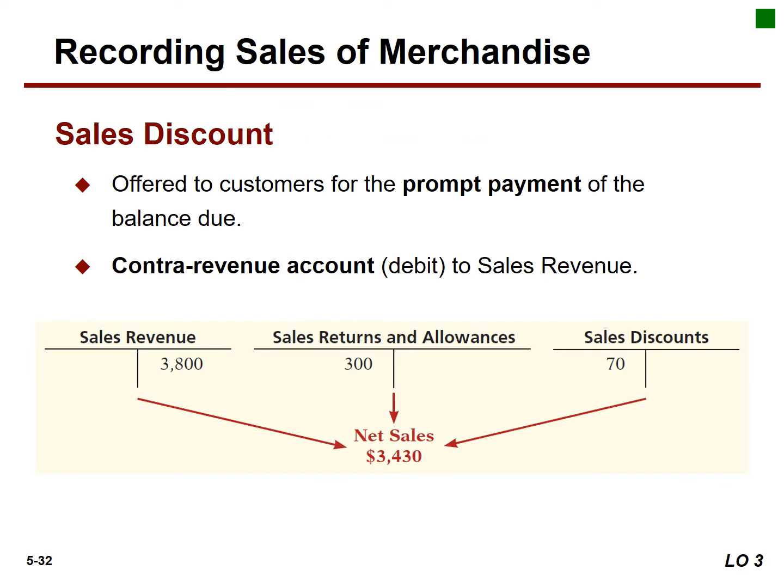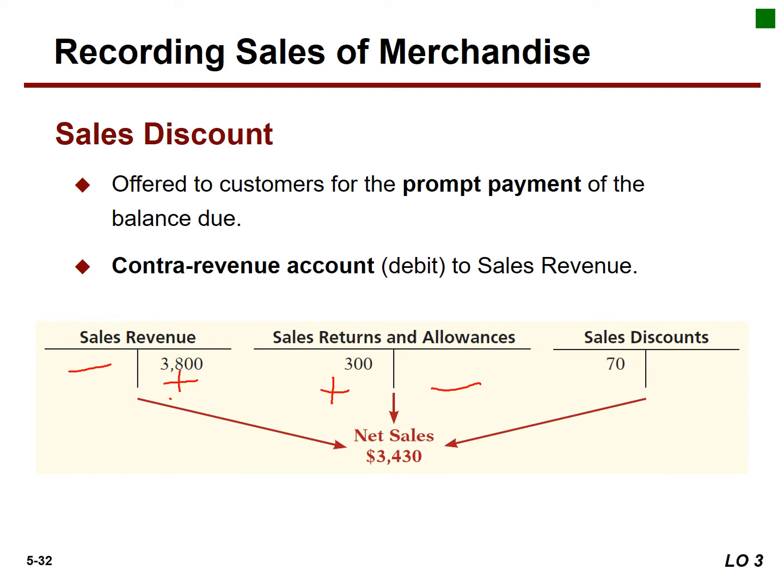This slide shows the T accounts for our sales revenue, our sales returns and allowances, and our sales discounts. Remember, our revenue account is going to increase on the credit side, decrease on the debit side. Our contra revenue accounts are going to have the opposite rules of debit and credit. Sales returns and allowances is going to increase on the debit, decrease on the credit. And another contra revenue account, sales discounts.